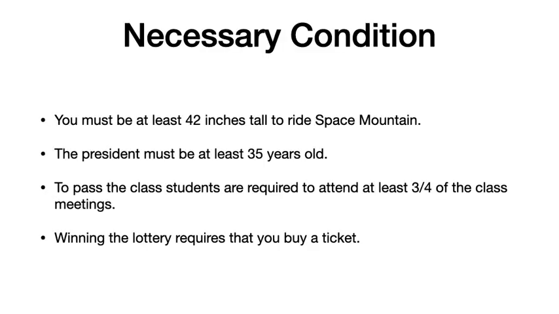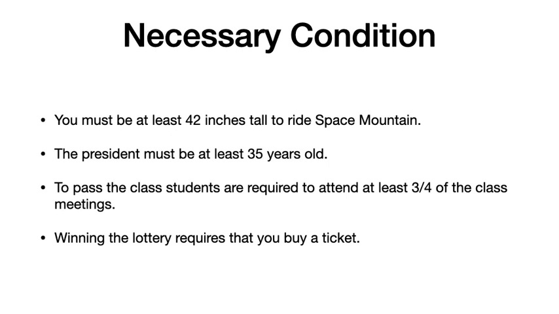So let me give you a few examples of necessary conditions. You must be at least 42 inches tall to ride Space Mountain. The president must be 35 years old. To pass the class, students are required to attend at least 3/4 of the class meetings. And finally, winning the lottery requires that you buy a ticket. Now think about what these are saying.